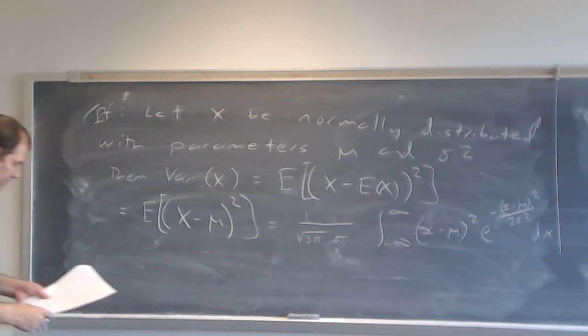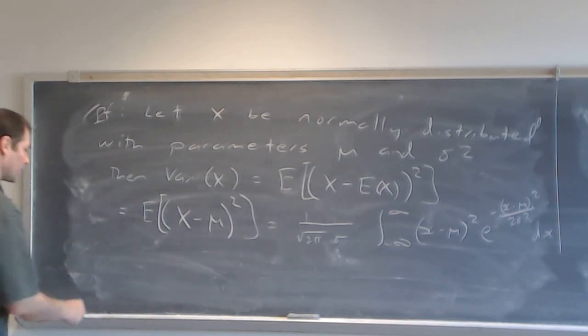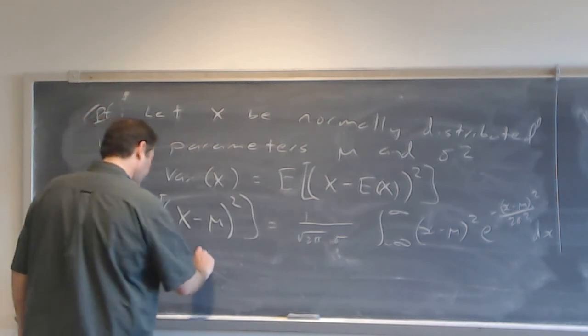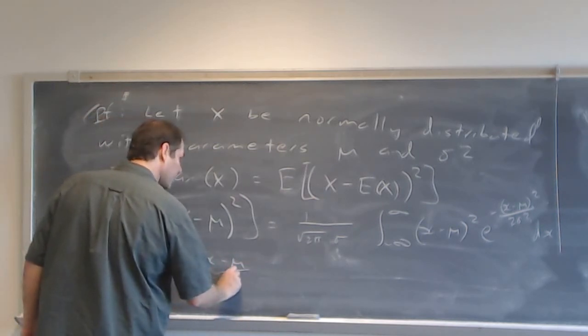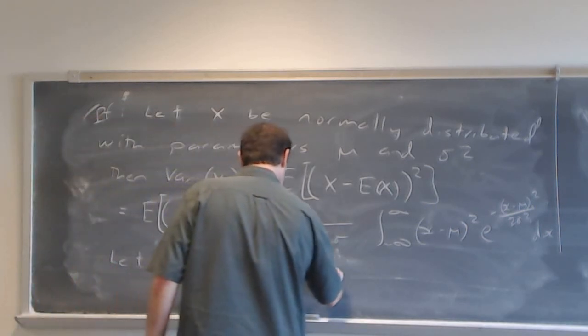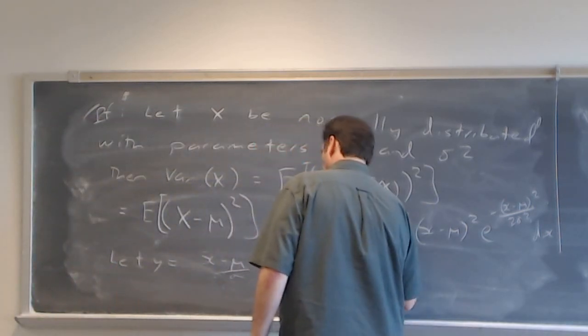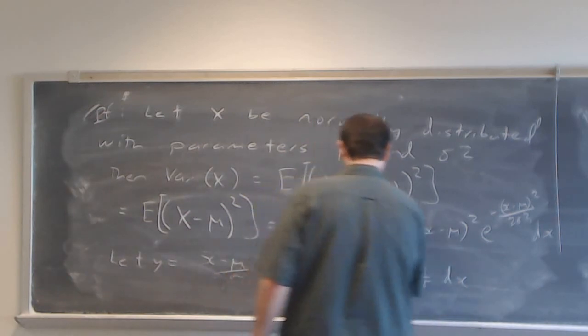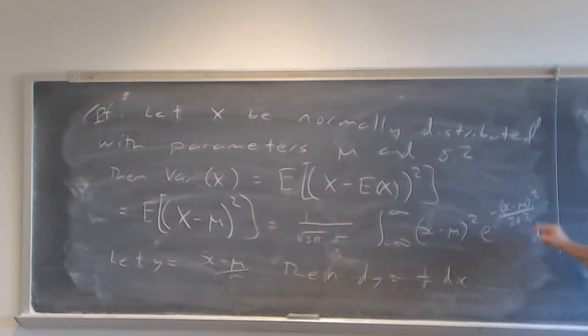So we're going to make a substitution. We're going to let y equal x minus mu over sigma. Then dy will be equal to 1 over sigma dx. So this 1 over sigma, I'll group with this dx to make dy.